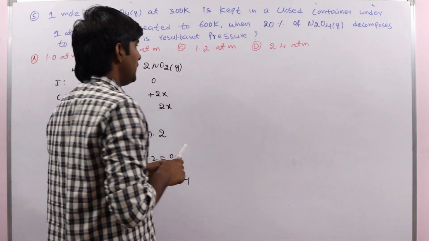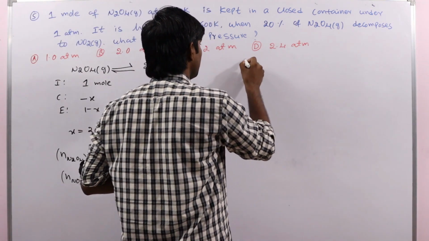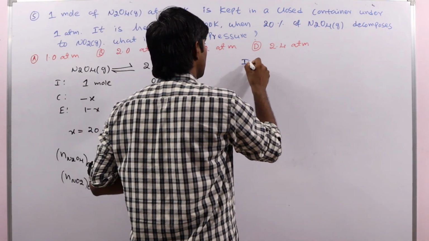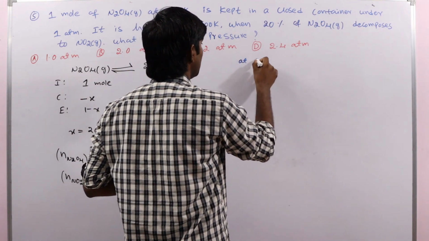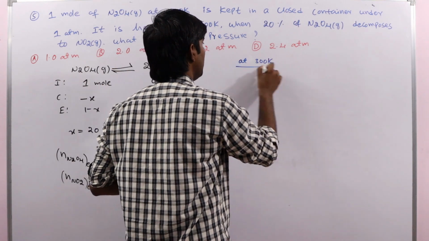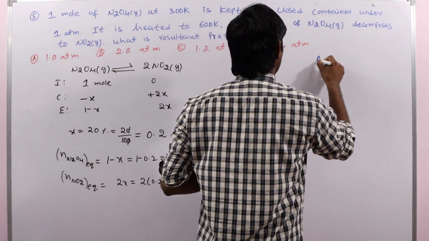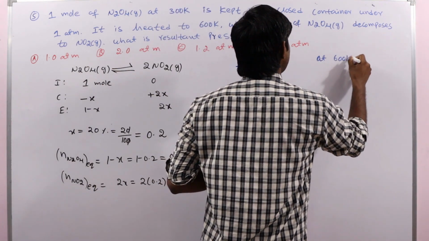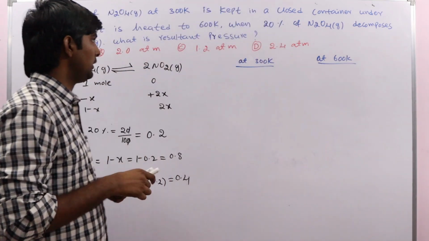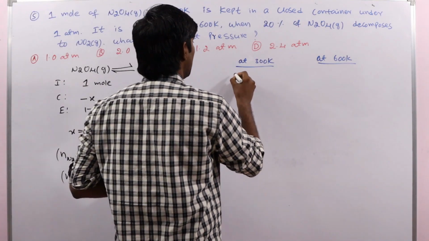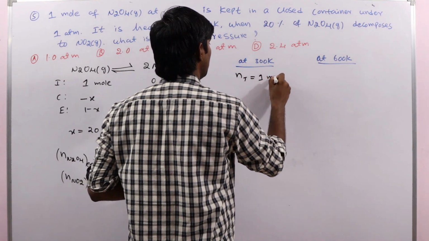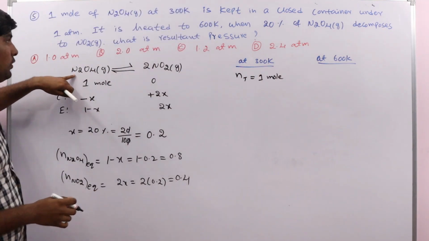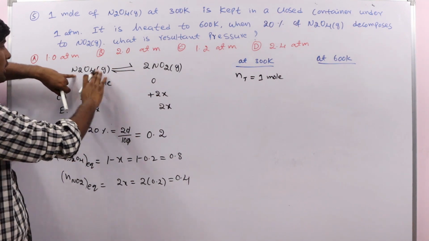Now suppose initially at 300 Kelvin, and then at 600 Kelvin. At 300 Kelvin the total number of moles is 1 mole, because only N2O4 is present and not decomposed.